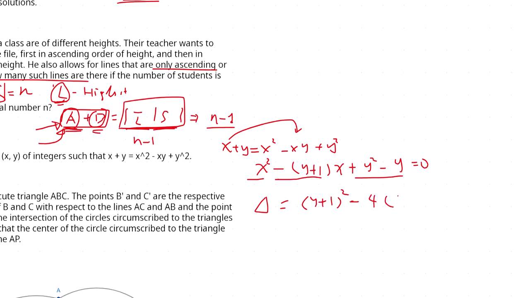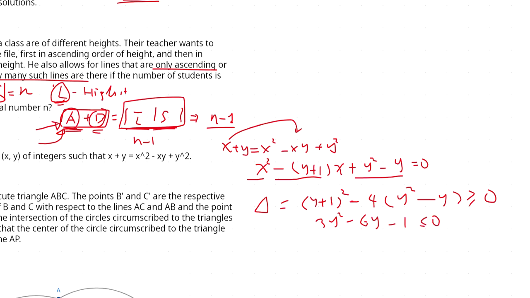The discriminant should be non-negative, and we just arrange it. So we get 3 times y squared minus 6y minus 1, no larger than 0.